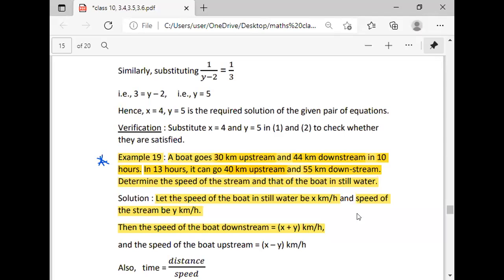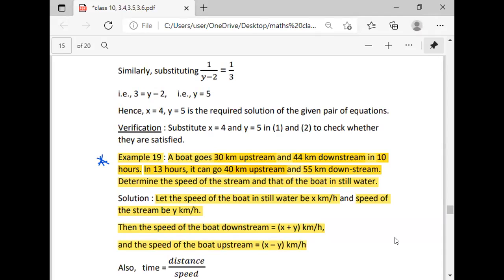Are you all clear? Yes, sir. Okay, now the next stage. The speed of the boat upstream is equal to x minus y. I have already told you, in the same manner but opposite, the speed of the boat upstream will be lower.